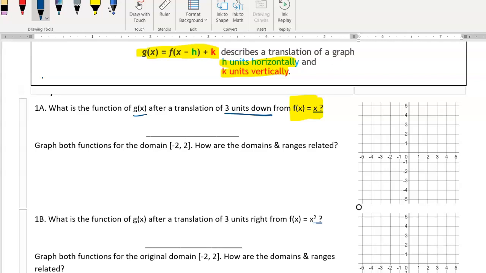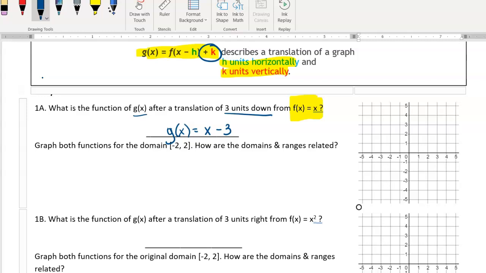Down refers to a vertical translation. So that means we're just going to tack on what's happening after the function. So g of x replaces y, by the way. So g of x equals x, and then we're going to go 3 units down. So that would be x minus 3.